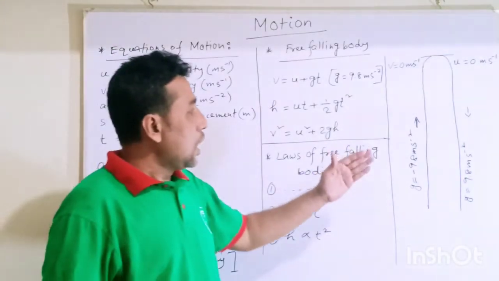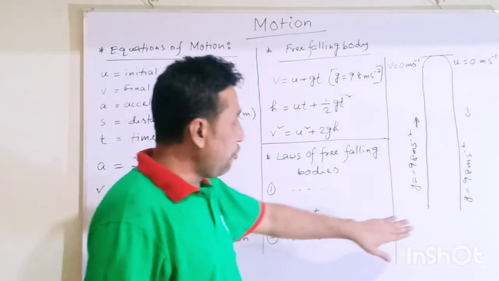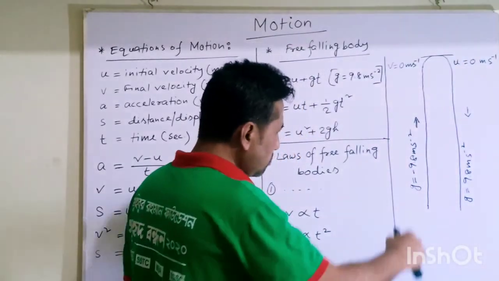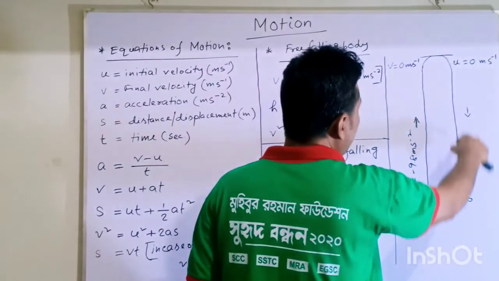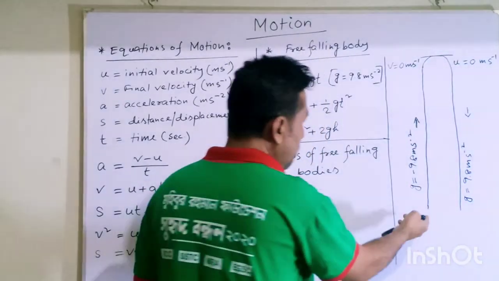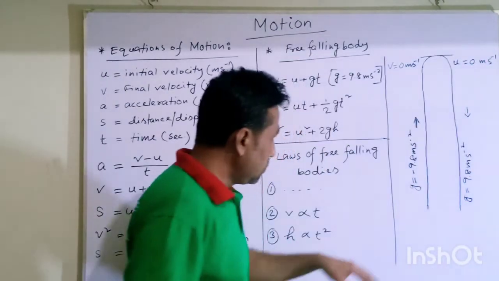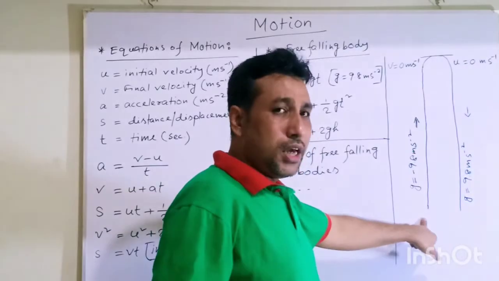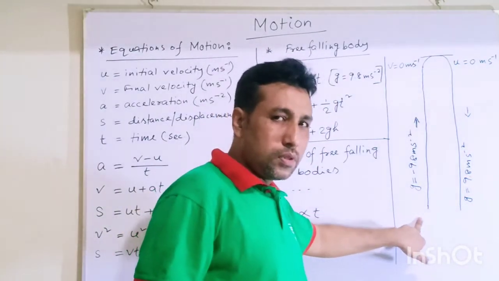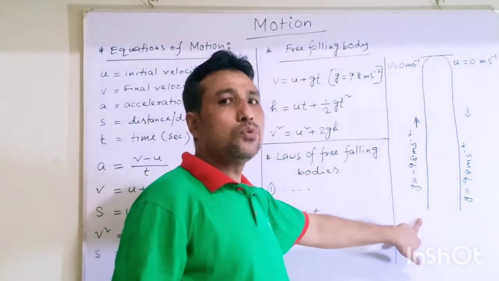Now let us discuss some very important facts in case of a free falling body. Here you see, I have drawn a figure. If any object is thrown from the ground vertically upward, then the initial velocity cannot be 0, as you are throwing the object with a particular velocity.